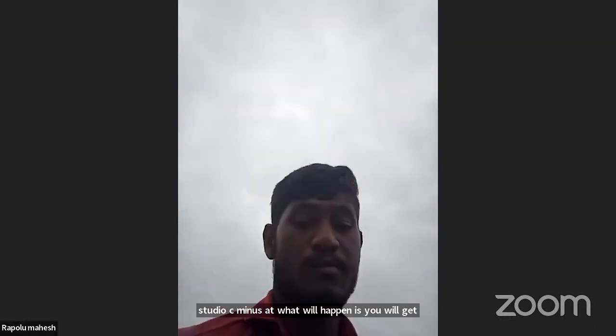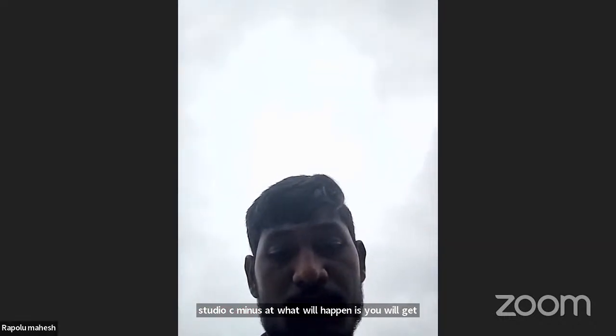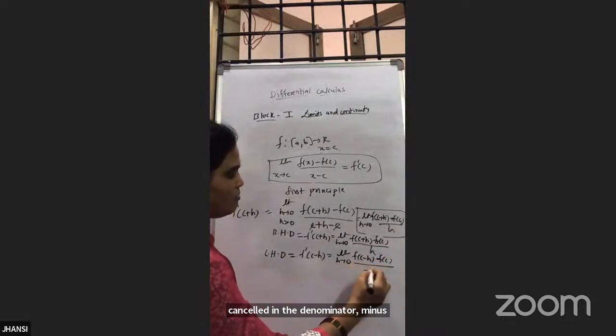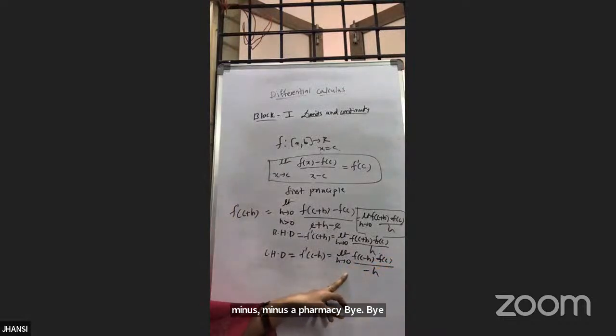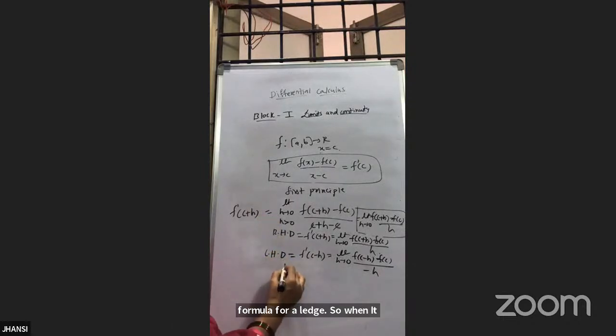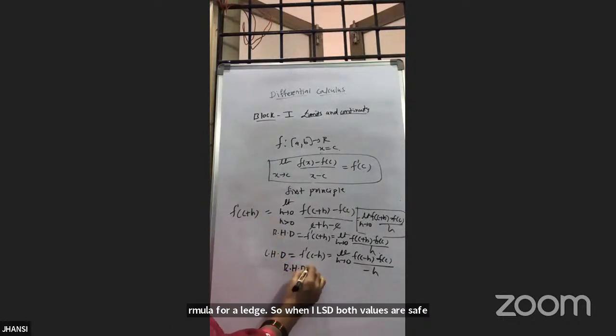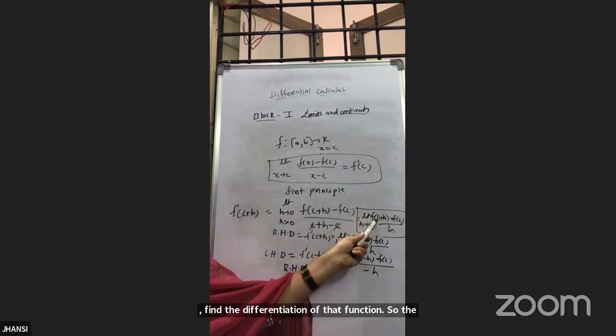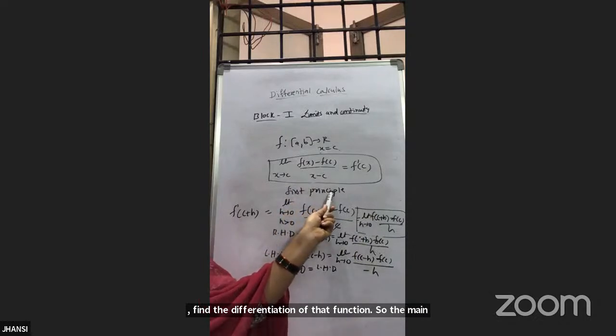So that is (f of c minus h minus f of c) by minus h. This is the formula for LHD. When RHD and LHD values are the same, then differentiability of that function exists. The main formula is this one; remember this as the first principle.